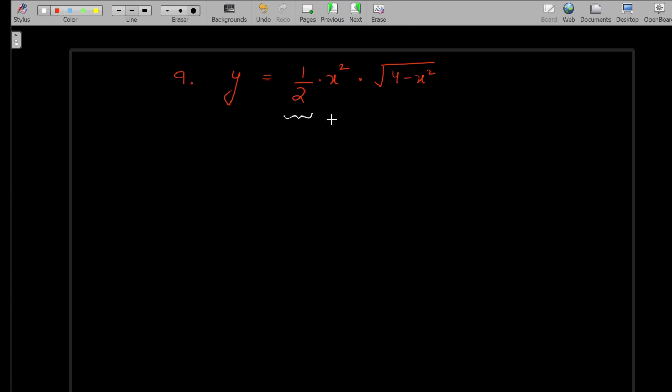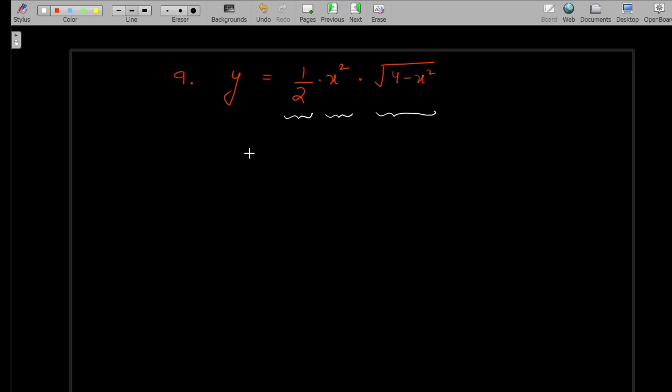This is the first function, this is the second function, this is the third function, and these three functions are multiplied together. Now don't worry about the constant, this 1/2, just ignore it.